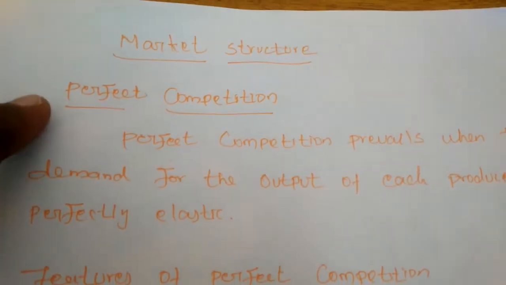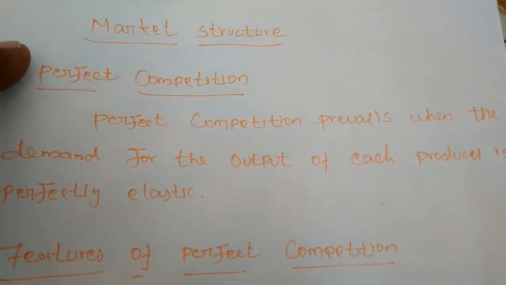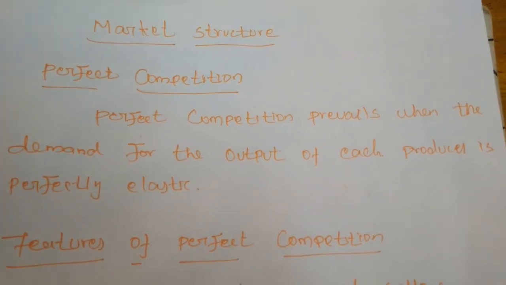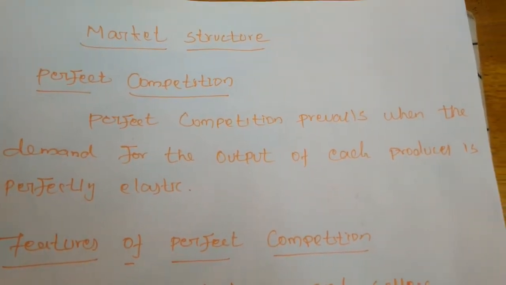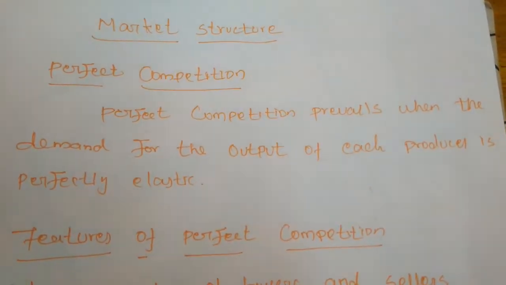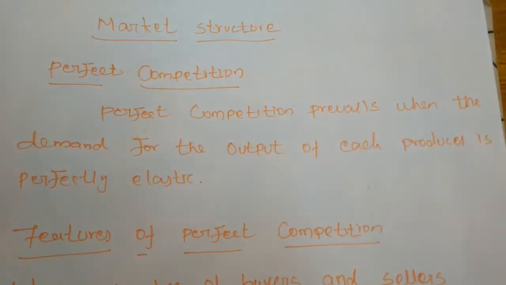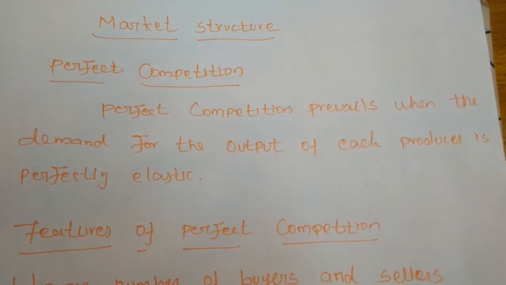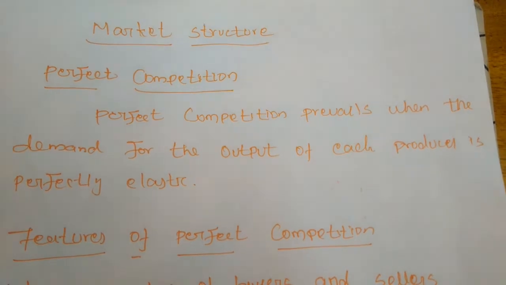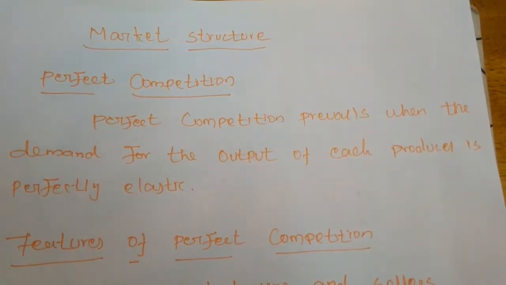The perfect competition market prevails when the demand for the output of each producer is perfectly elastic. On the basis of demand, the producers have to increase the supply of commodities. When they increase it like that, competition will prevail in the market.